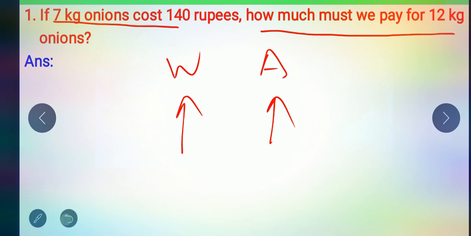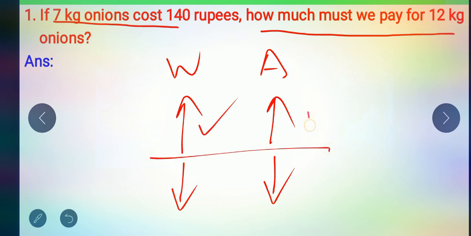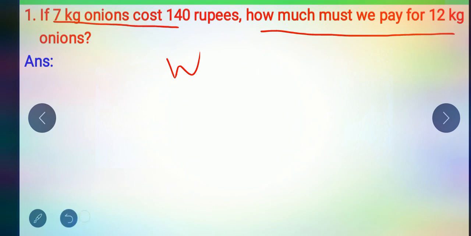So students, here one is increased, the other also increases. If one is decreased, the other also decreases. So this relation is a direct proportion. Both are moving in the same direction, not in opposite directions. And we know that when both move in the same direction, the relationship is called direct proportion.